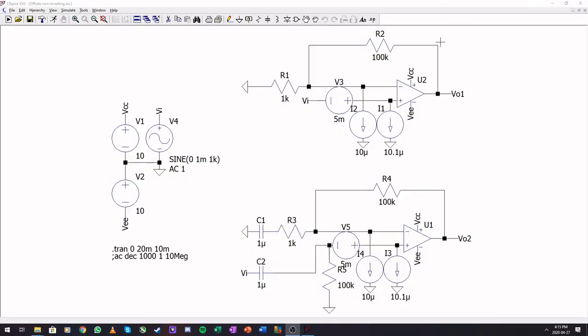Here I have our non-inverting configuration with our offsets and bias added. To counter both effects, you need to add a capacitor to this resistor over here so that this DC voltage is not being amplified by the amplifier itself.